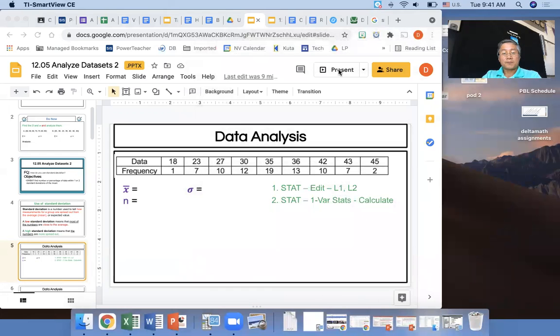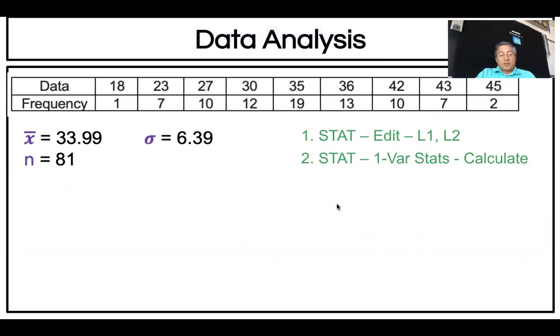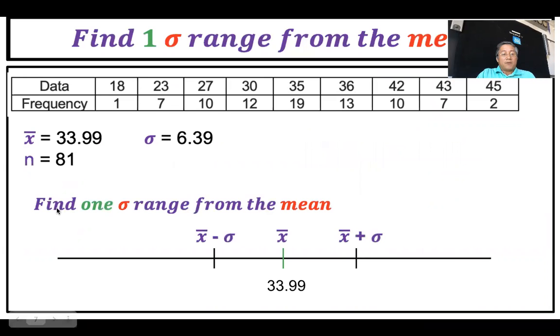Let's move on. But today's question is: find one standard deviation range from the mean. So your mean is 33.99, let's say it's here, your mean is here. And one standard deviation is 6.39, right? If the standard deviation is low, it means scores are very close to each other.